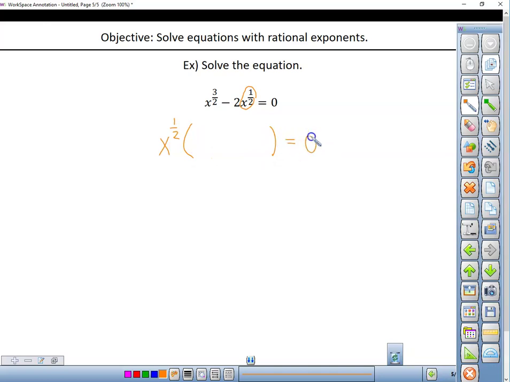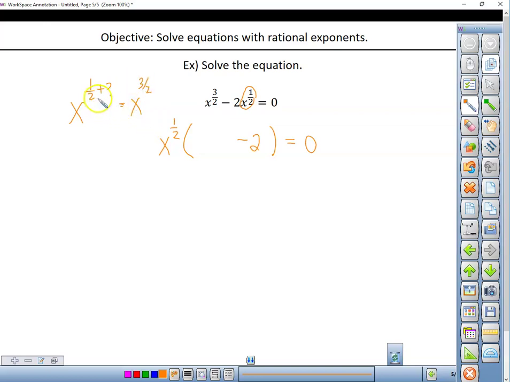And so this part's fairly easy. We know that's going to be a minus 2 because the negative 2 times the x to the 1/2 gives us minus 2x to the 1/2. This one, you got to use your exponent property because you have to figure out what power of x times x to the 1/2 gives you x to the 3/2 power. So remember, you are trying to figure out, according to the exponent properties, what plus 1/2 will give you 3/2.